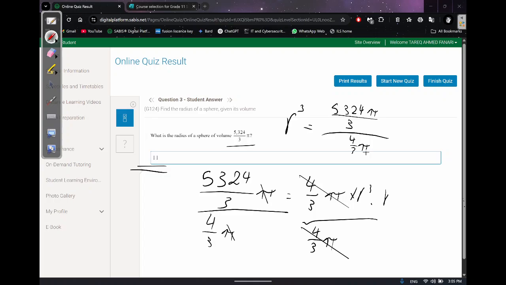Evaluate this, put this value on your calculator: 5324 over 3 pi all over 4 over 3 pi. This will give you 1331. So then you take the cube root of 1331. This is a 3, this is a 3. So r is going to be equal to 11 units. And this is your answer.